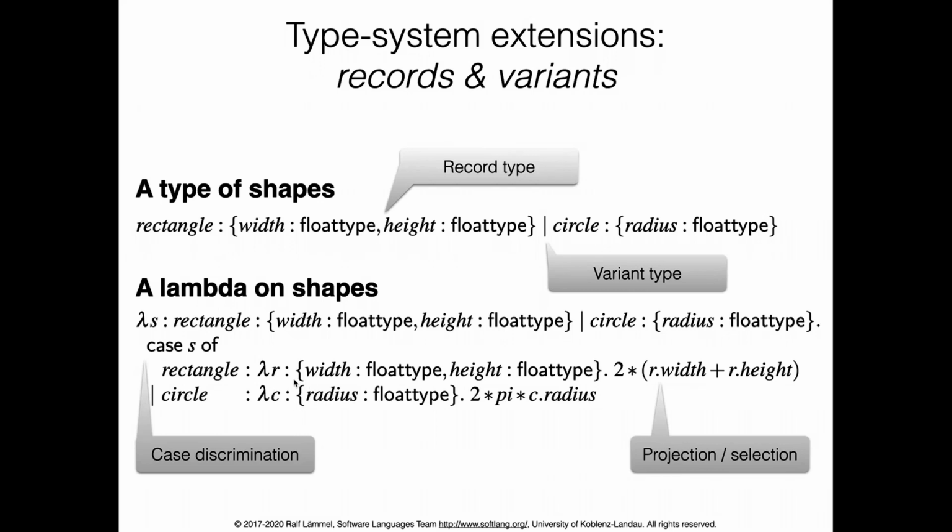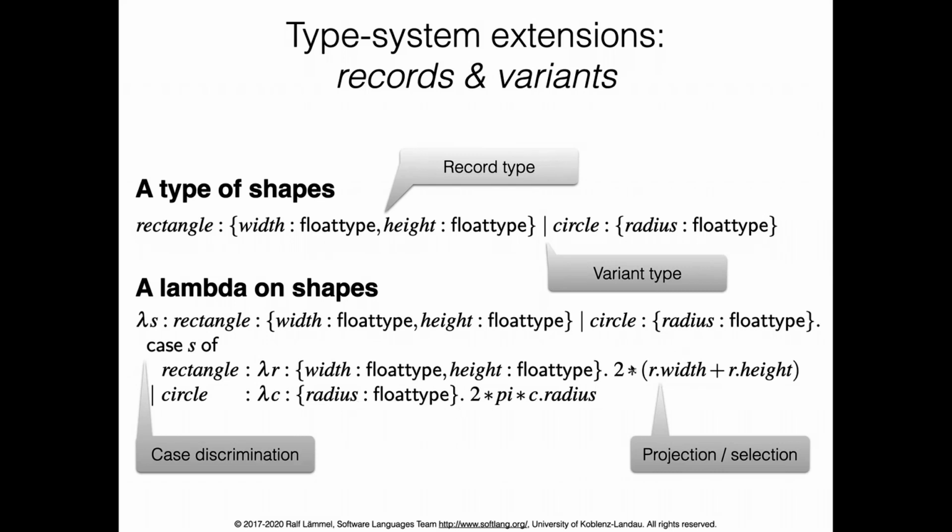And then these cases succeed if S is of the appropriate variant. And then in the rest of this case here, we receive the value from the variant. And in this case, of course, it's of the record type for rectangles, whereas here it's of the record type for circles.